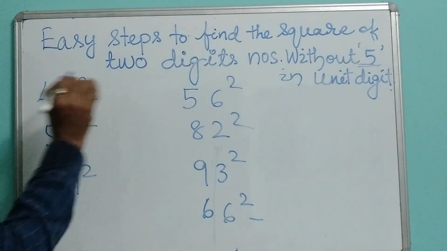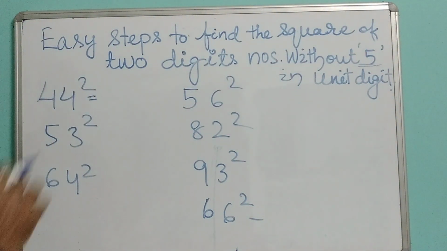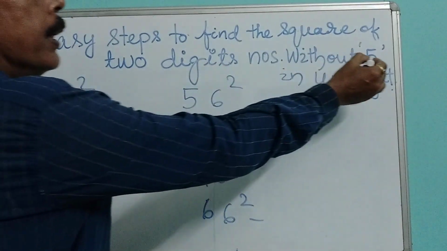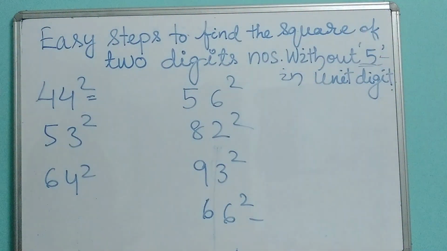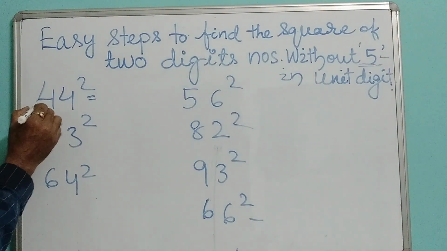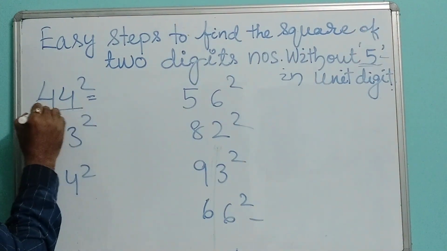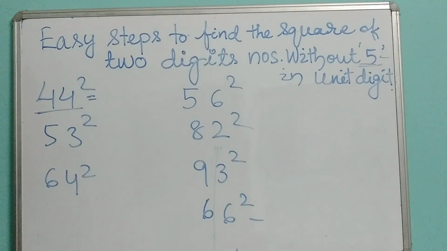Square of 44. Last time we learned the two-step method for numbers having 5 on the right-hand side digit, but today we are going to learn the other numbers. Obviously the question will arise in your mind: the square of a number ending in 5 takes 2 to 3 seconds.